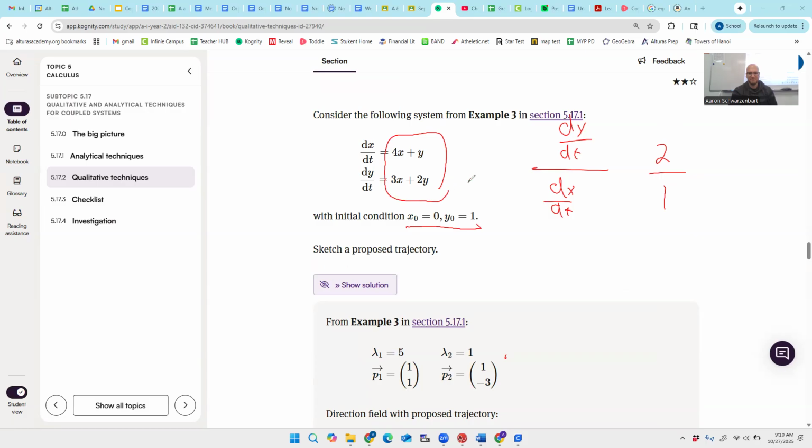That makes sense? So I'm plugging in 0. 4 times 0 plus 1. So dx/dt is 1. dy/dt equals 2. So my slope, where I start, is 2. I know this is a lot.